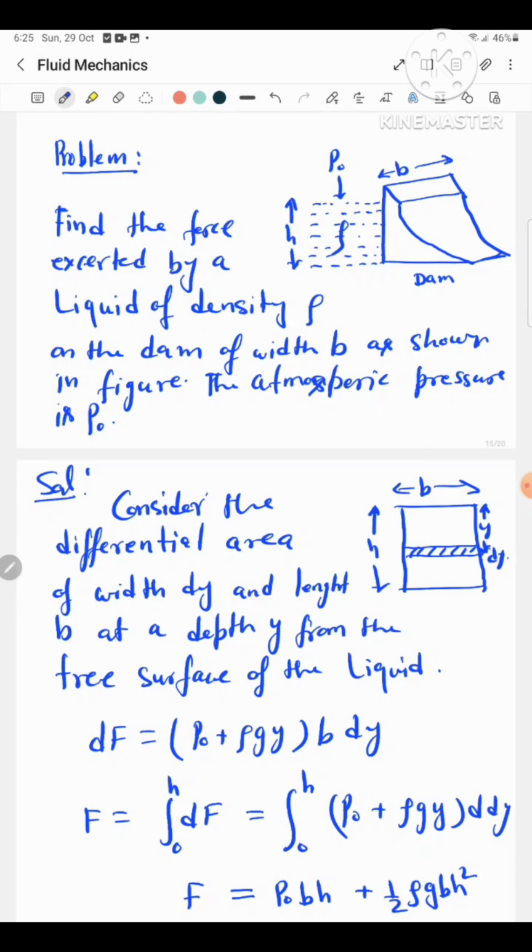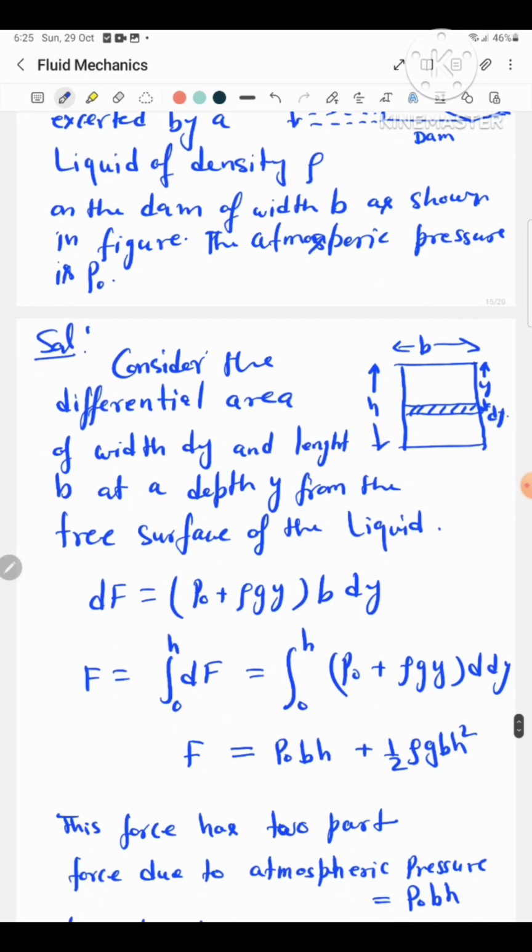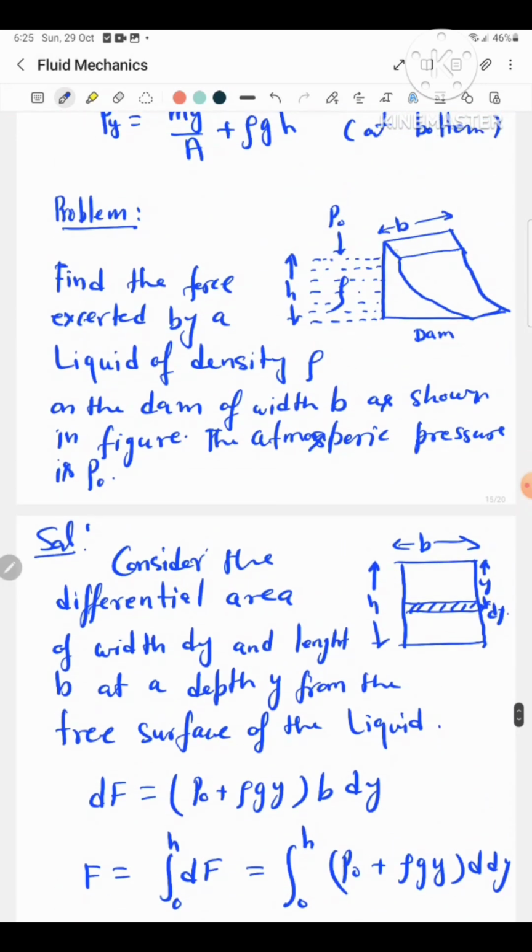Here we will take the atmospheric pressure into account because that is an open container. This is a situation like an open container. Atmospheric pressure works on the surface of the liquid, and that pressure will be constant throughout the height.